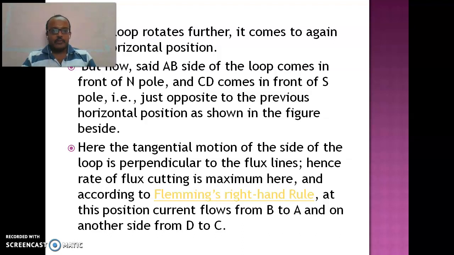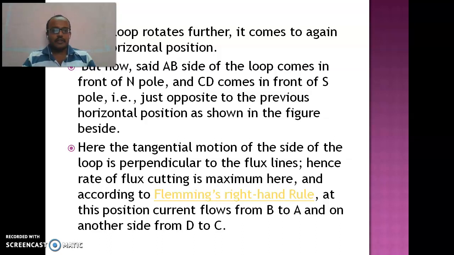If the loop rotates further, it comes again to the horizontal position, but now side AB of the loop comes in front of the north pole and CD comes in front of the south pole, just opposite to the previous horizontal position.